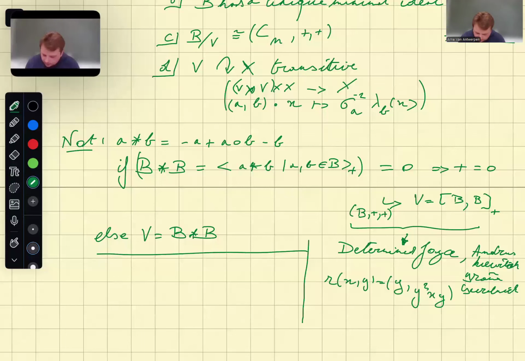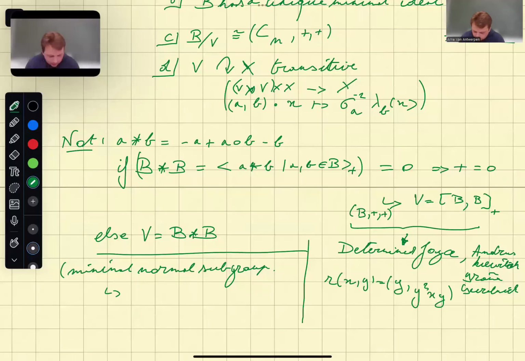Well, the start of their proof is by considering the minimal normal subgroup. So for us, that would be the minimal ideal V, and noticing that a minimal normal subgroup is a characteristically simple subgroup. So this is a direct product of several copies of a particular simple group.